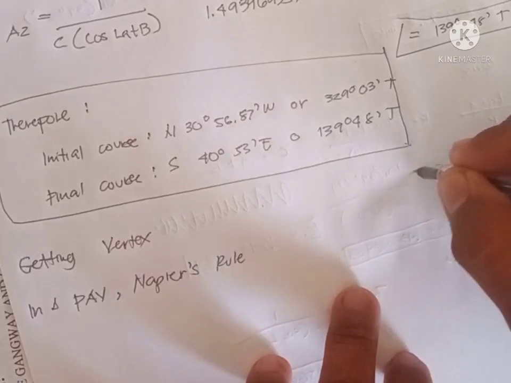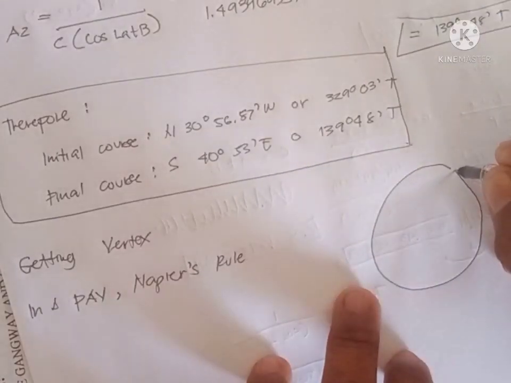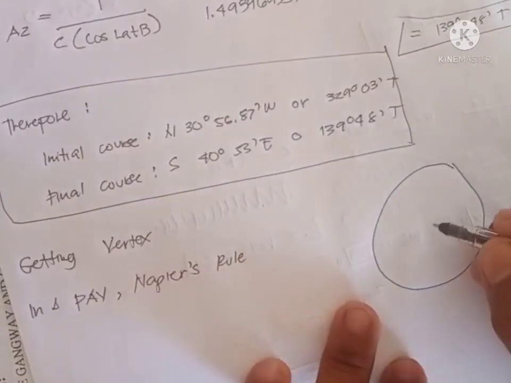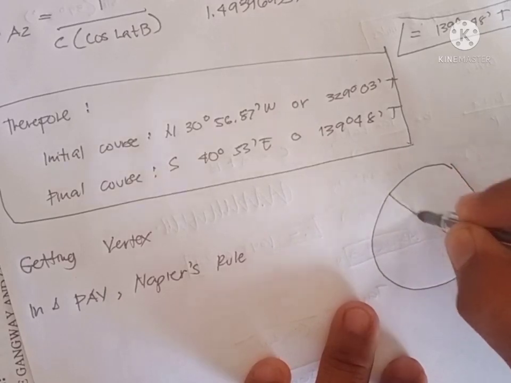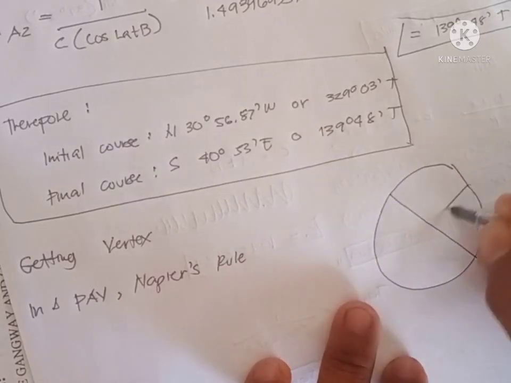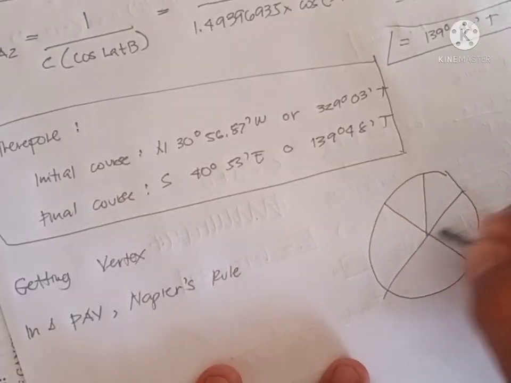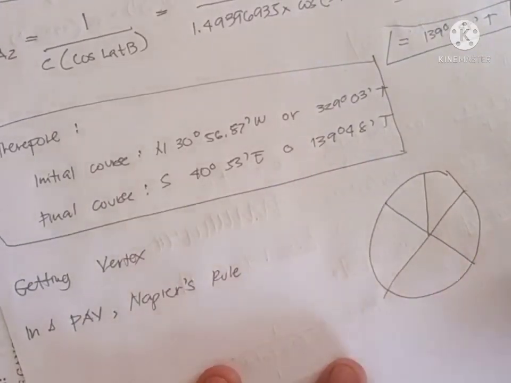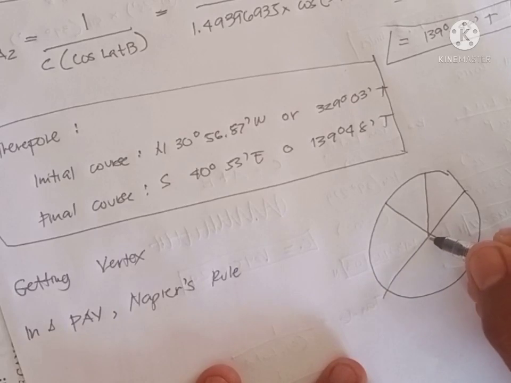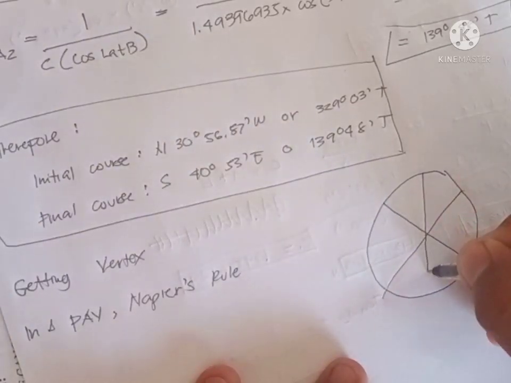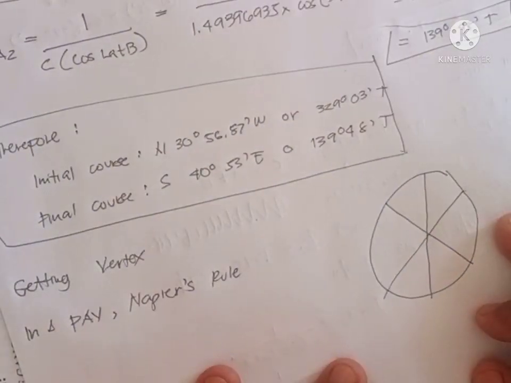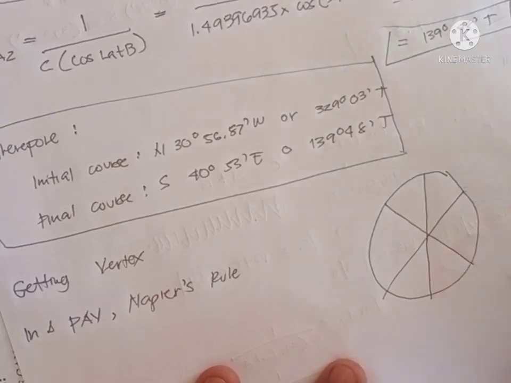Draw a circle, draw an X, one line here, and here, sorry.